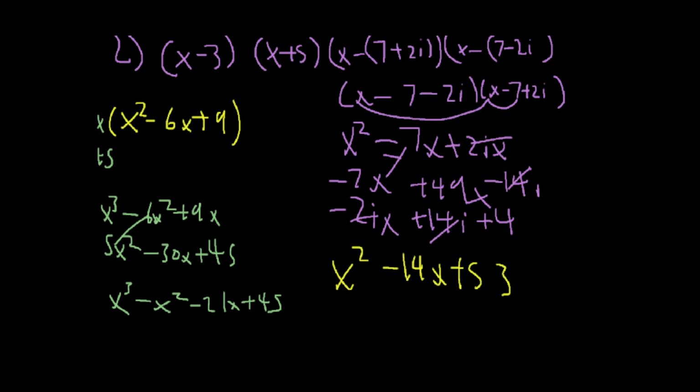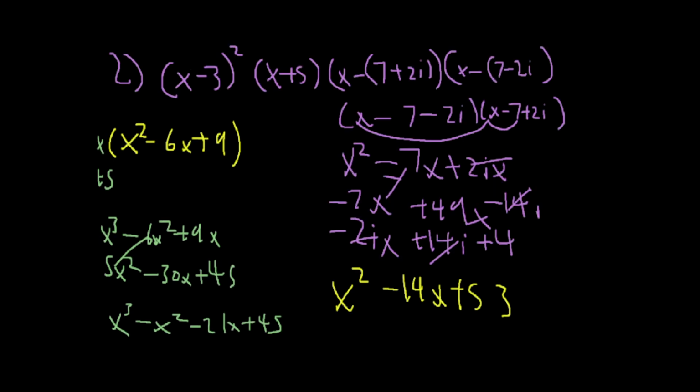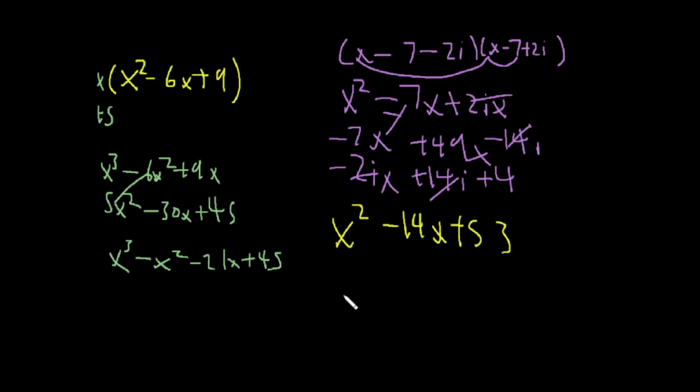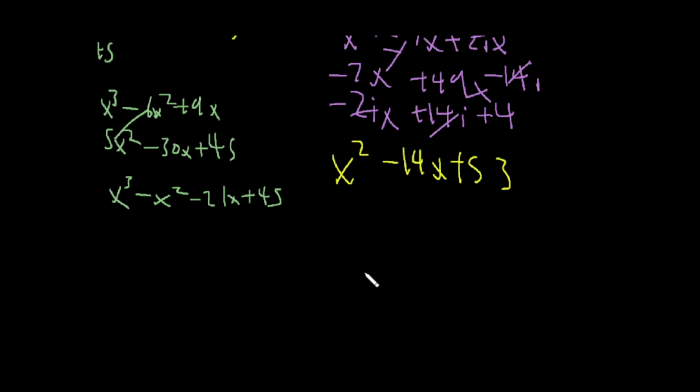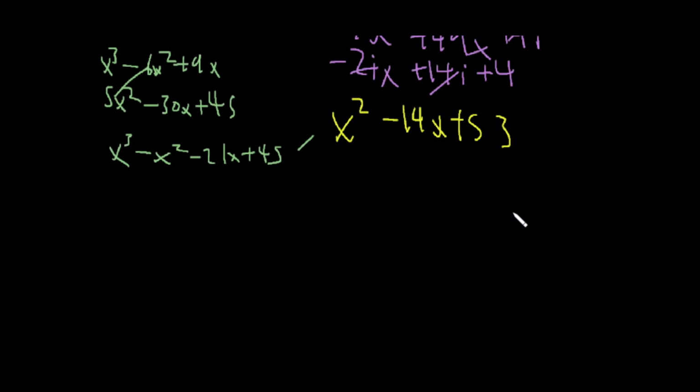Oh, let's see, hold on. Let's see, 5x squared minus 30 plus 45. Yeah, I think it's right. And then we multiply these two.